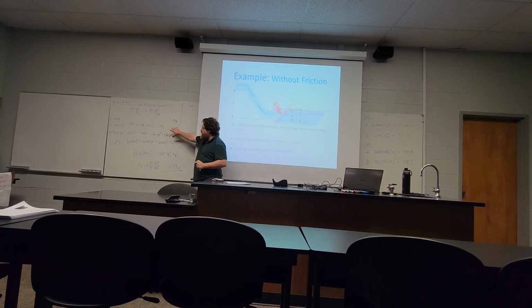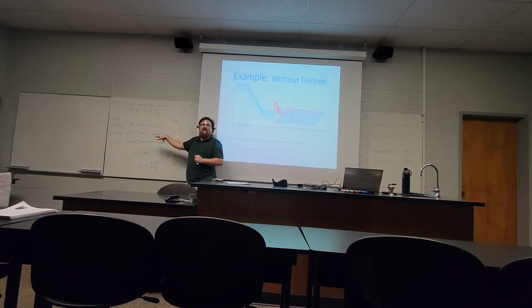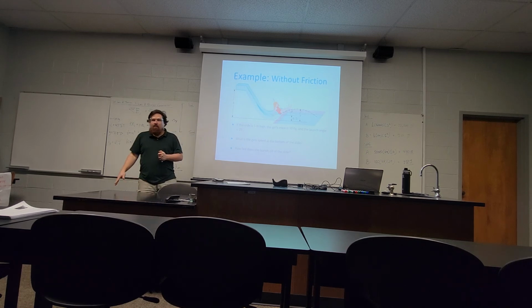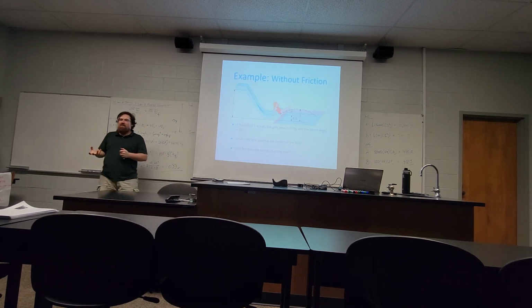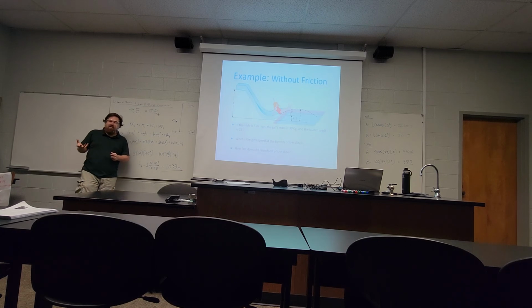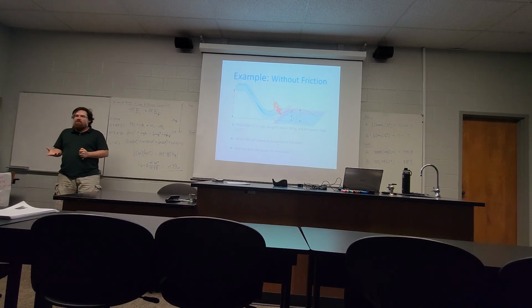All of these energies here, even though we plugged vectors into the formulas, velocity is a vector, height is a vector, each individual energy total comes out as a scalar. It doesn't care about direction. If I give something 10 joules of kinetic energy, the energy doesn't really care what direction it's moving in.